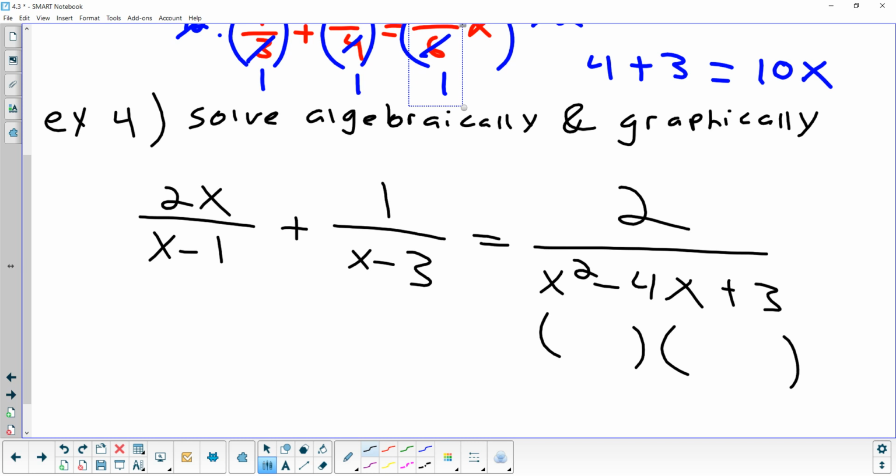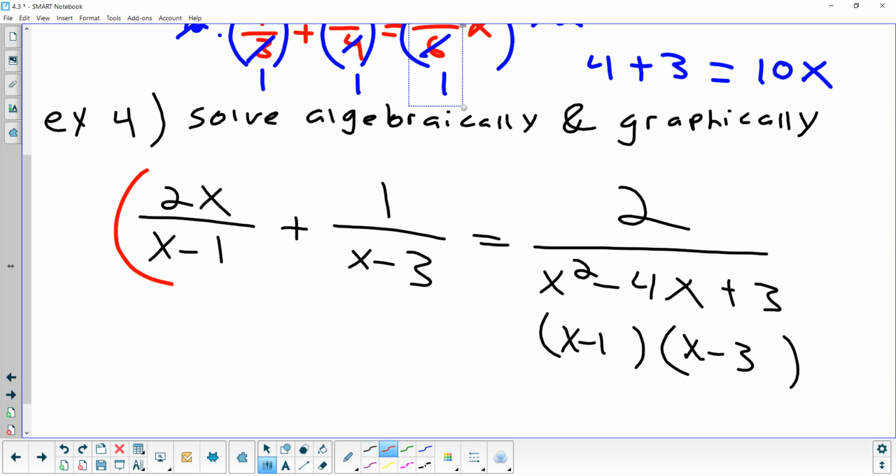Yeah. It would be x minus 3 and x minus 1. It would factor into the same 2 denominators that are already on the other side. Well, that makes it a lot easier. If that didn't happen, then it would be much harder.